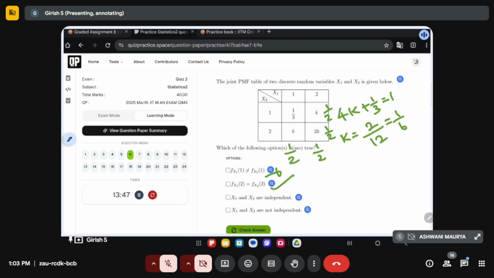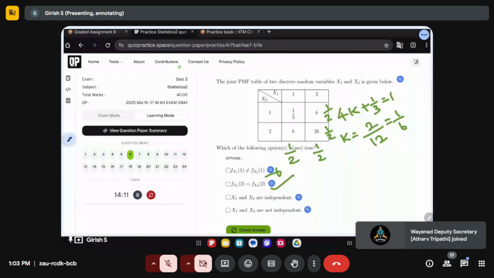Now independence. In this case, how do you check independence? Any idea? The PMF must be the product of the marginals for every value in the table. Yes, correct. So for every value, what you mentioned is right.